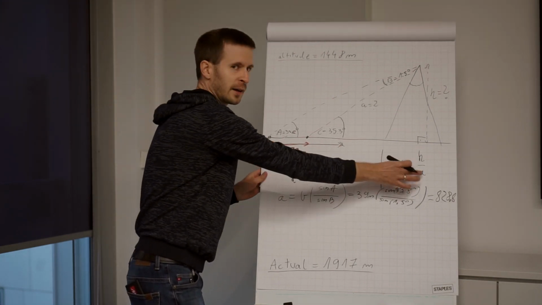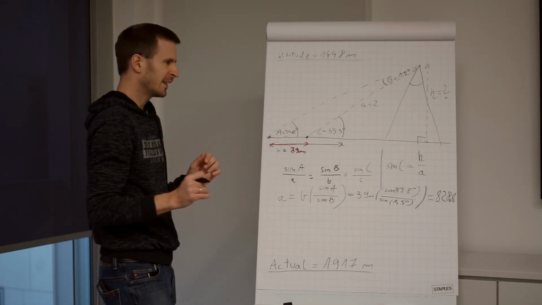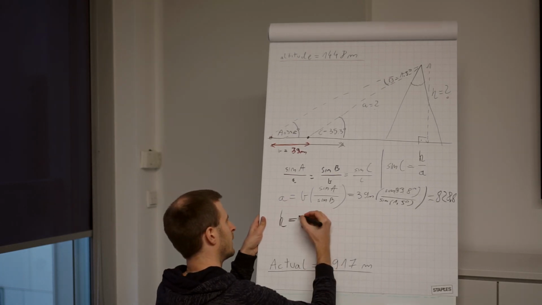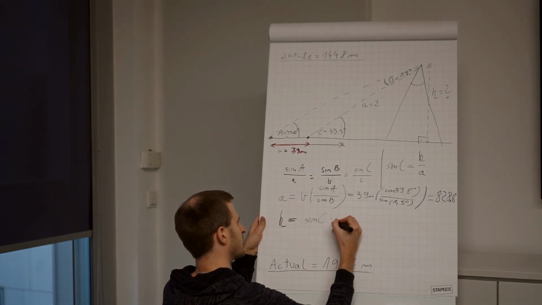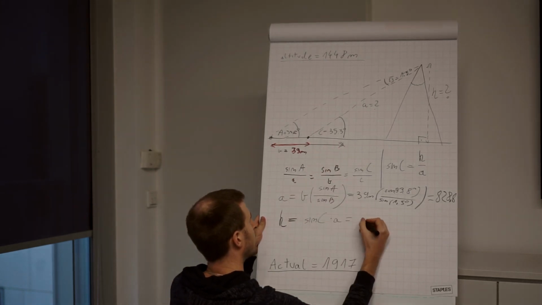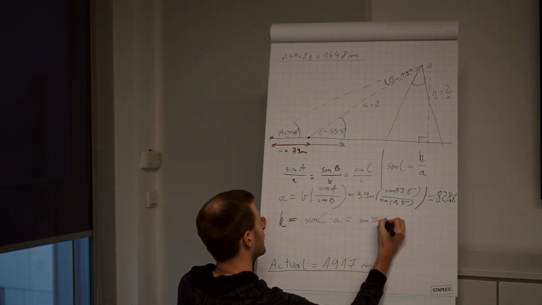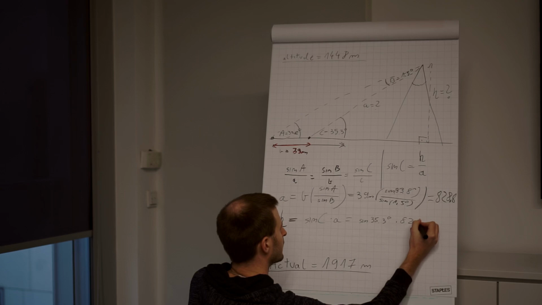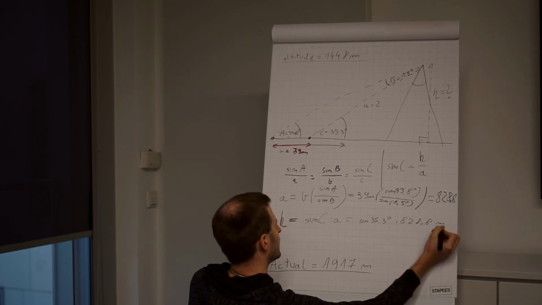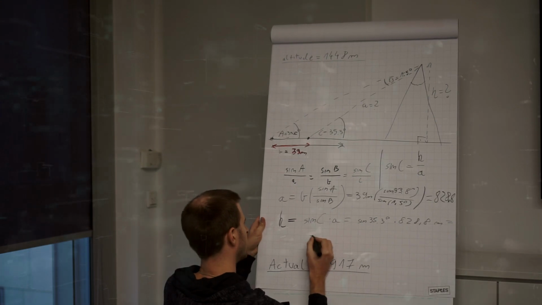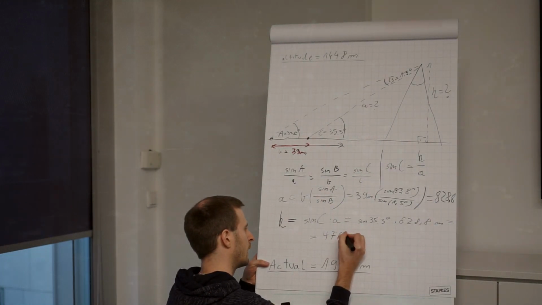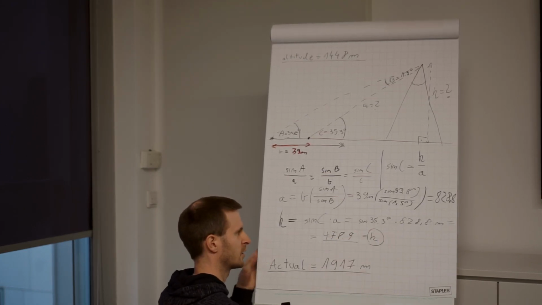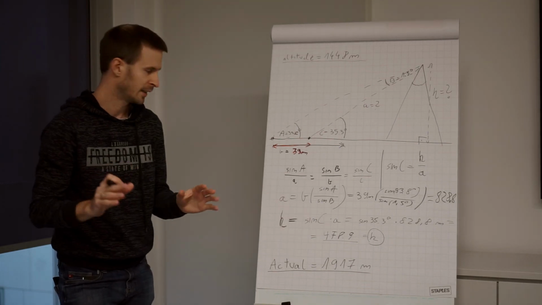If we divide both sides by 1 divided by a, then we will get that h equals sinus of c times a, which is in our case sinus of 35.3 degrees times 828.8 meters, and this is 478.9, and that's our h, 478.9 meters.